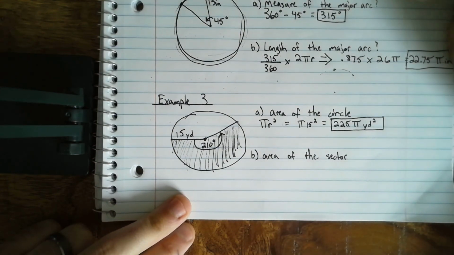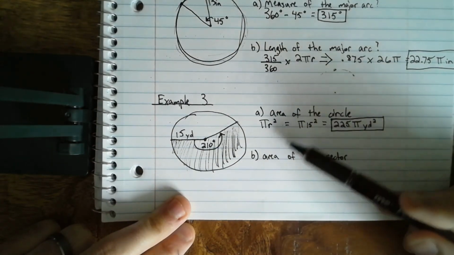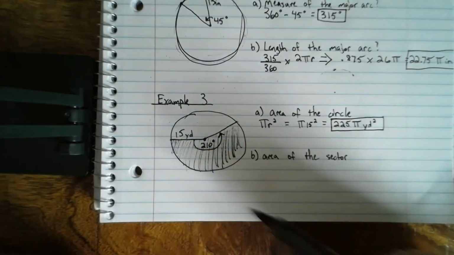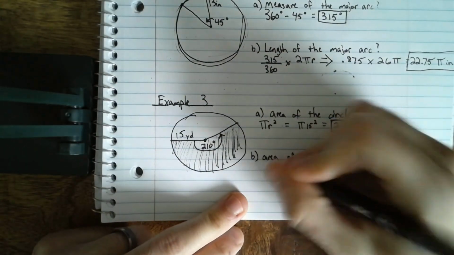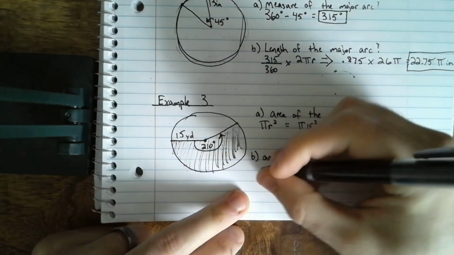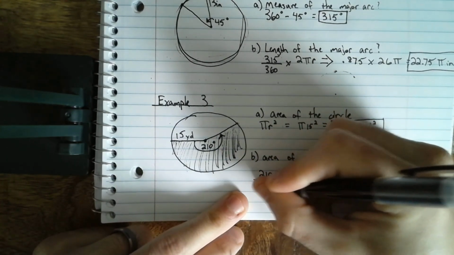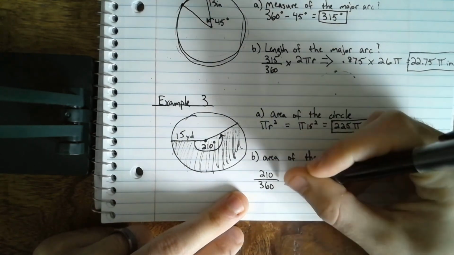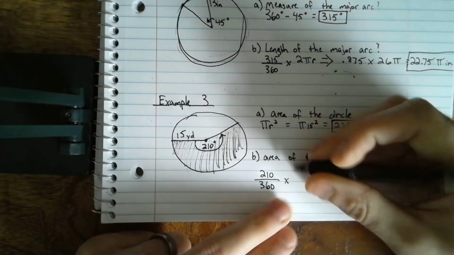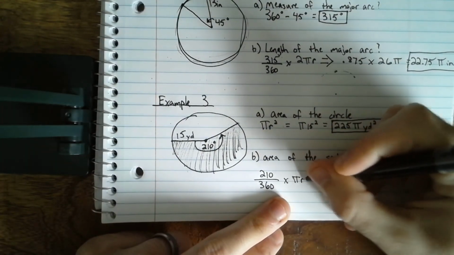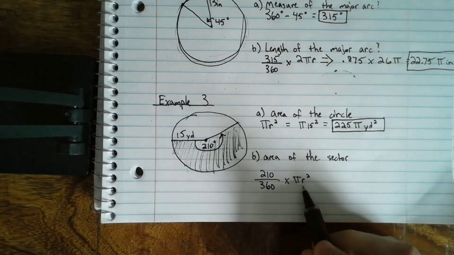Arc length is dealing with circumference. Sector area is dealing with area. So theta over 360. Well, this is 210 degrees, so 210 over 360 times pi r squared, because this is area.